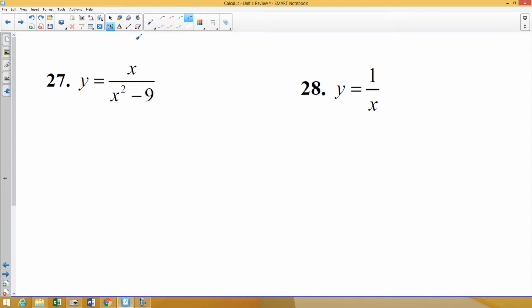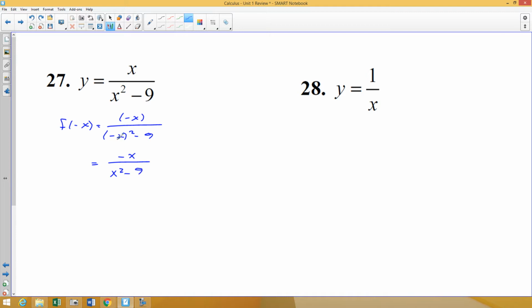See, 27, a fraction, that's no fun. F of -x would be -x on top, and then -x squared minus 9 on bottom. Clean that up. -x is just -x. But on bottom, if you square -x, positive x squared minus 9.